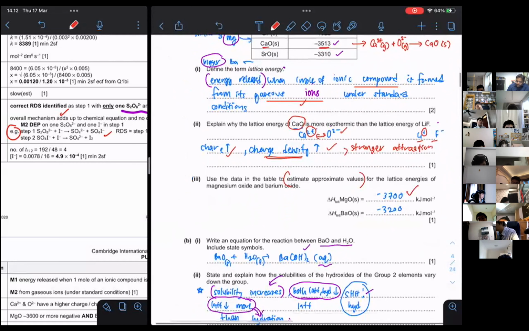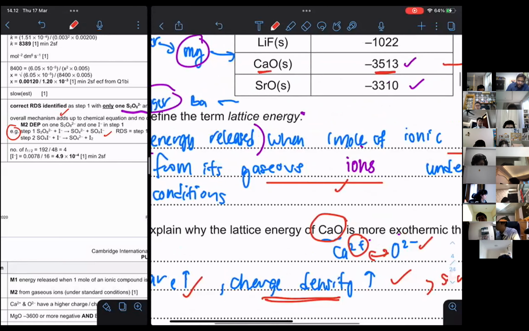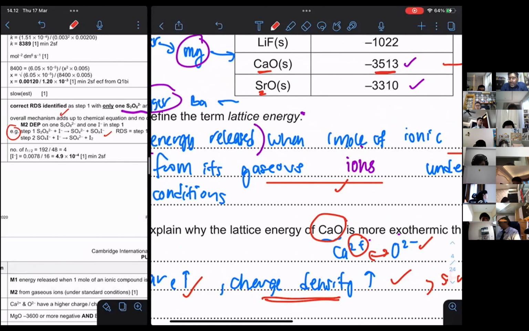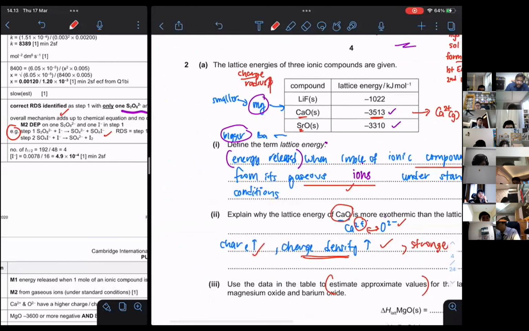So I selected this one. And if you look at barium, it is lower than strontium, so barium is bigger. If the radius is bigger, your charge density is lower, which means less attraction. With less attraction, you are not going to release that much energy, so the energy must be smaller than this value.